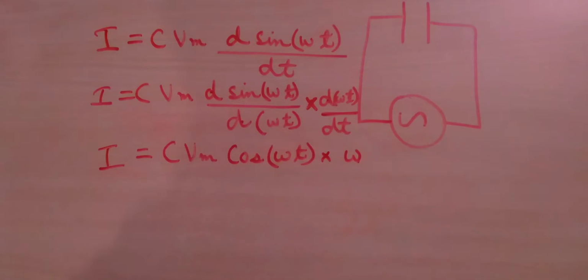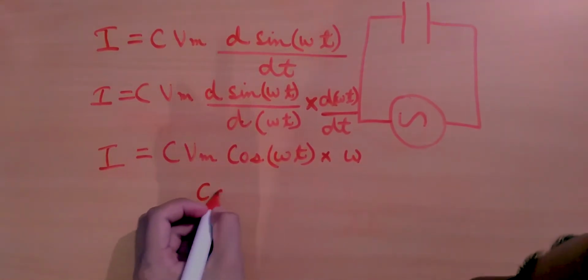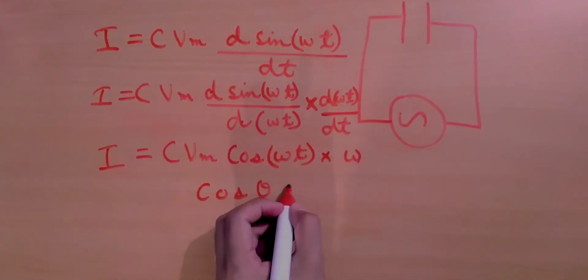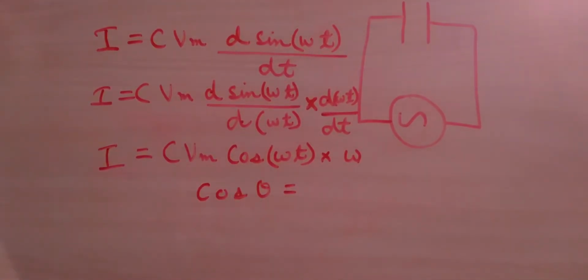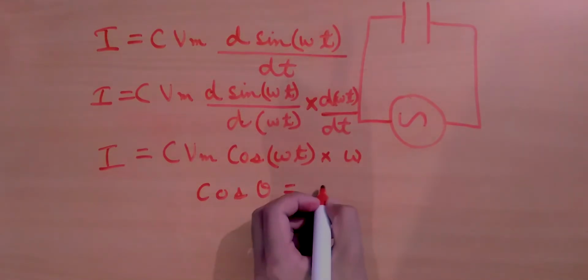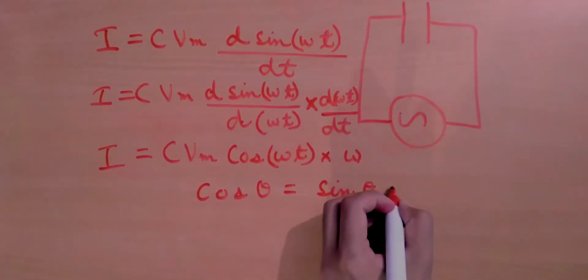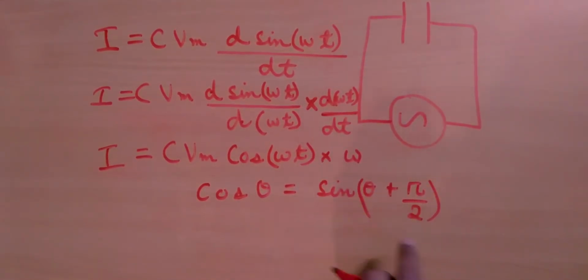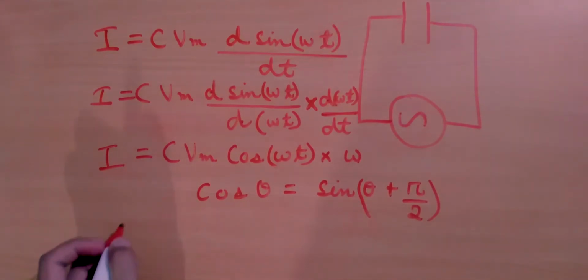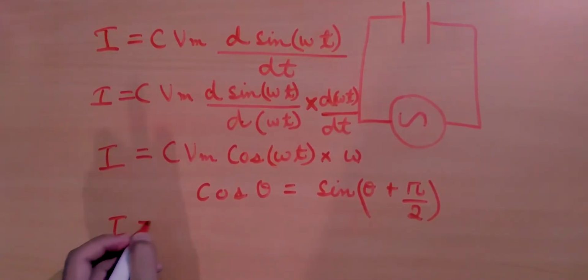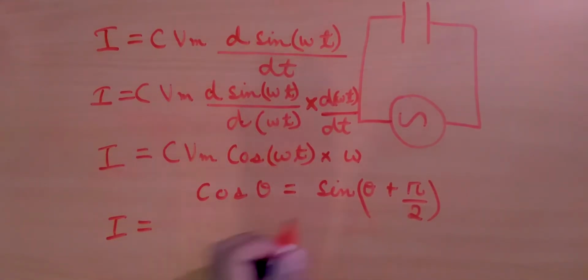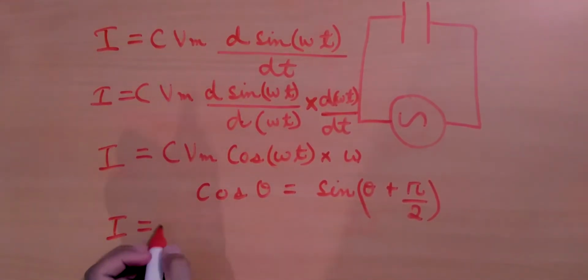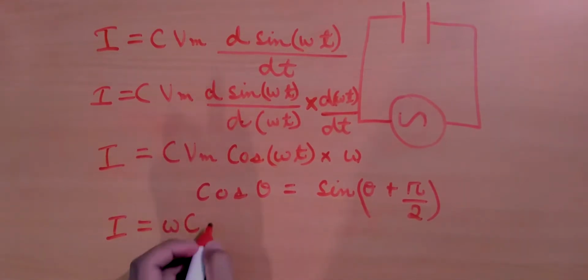Now I can simply apply the identity. I hope you remember this identity: cos theta equals sin of theta plus 90, or 90 can be written as pi by 2. So I can write this whole thing as I equals, first let me write all the constants. Omega is a constant, so let me shift it that side. I can write it as omega C Vm.